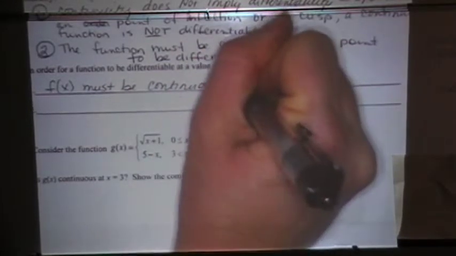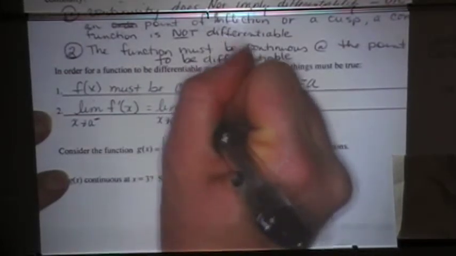So in order for a function to be differentiable at a value of x, two things must be true. F of x must be continuous at x equals a. We're going to say a is just any value. A is representing a constant number.